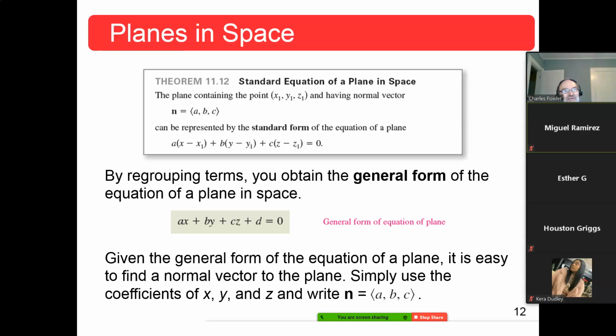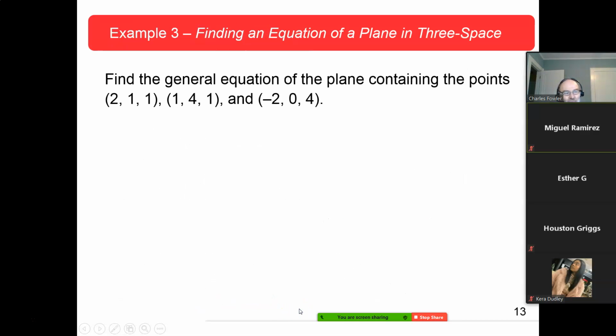Coefficients of your x, your y, and the z, make those your normal vector. So just use the coefficients of your x, y, and z, write it down. Now, why in the world that advanced, I don't know, but it did. And we're ready for it too.